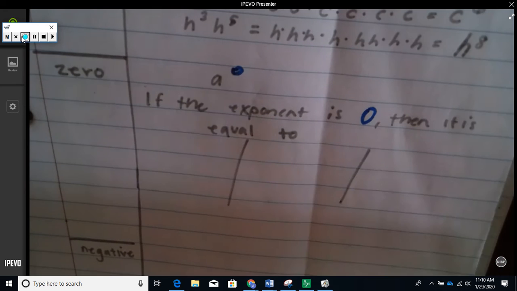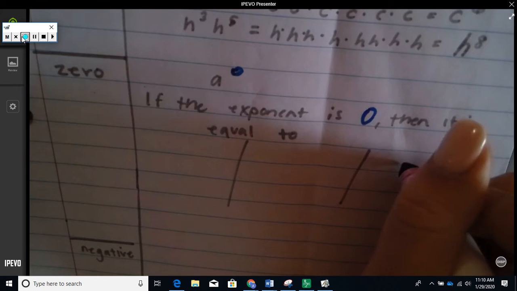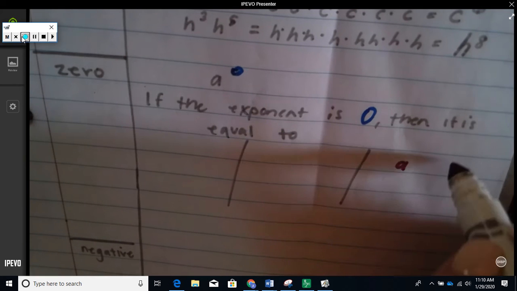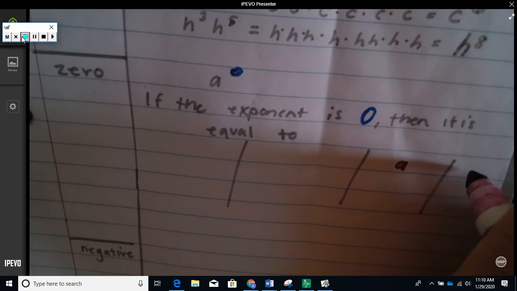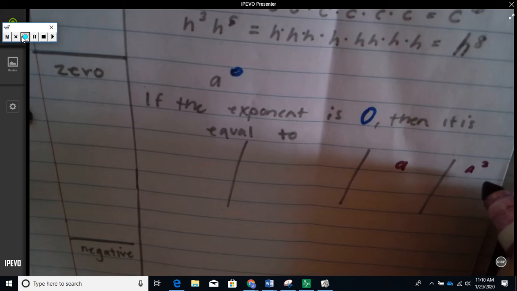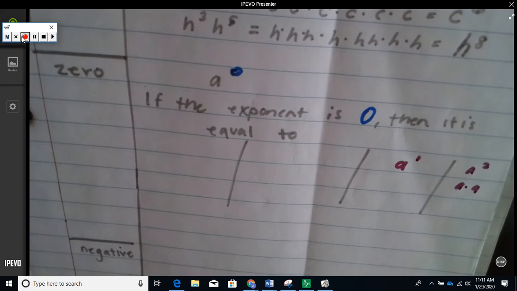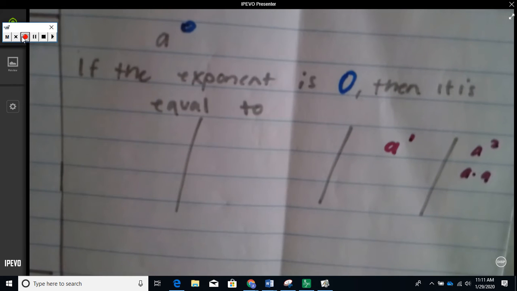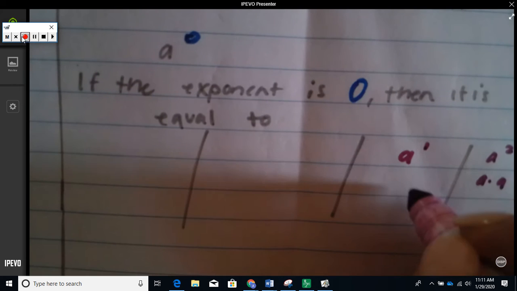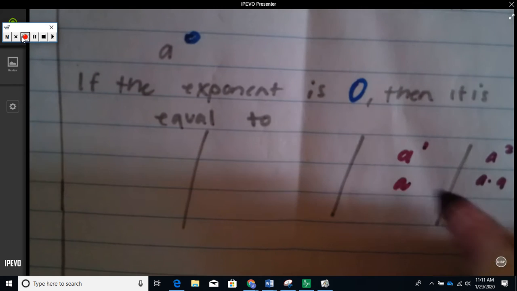So, for example, when we have a to the power of 2, how many a's do we have in that case? A to the power of 1, we don't write. That's how many a's? Just 1.